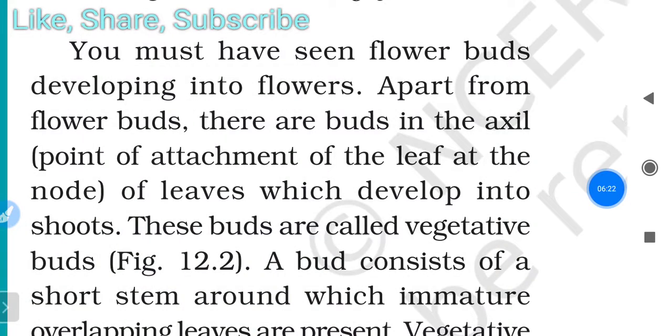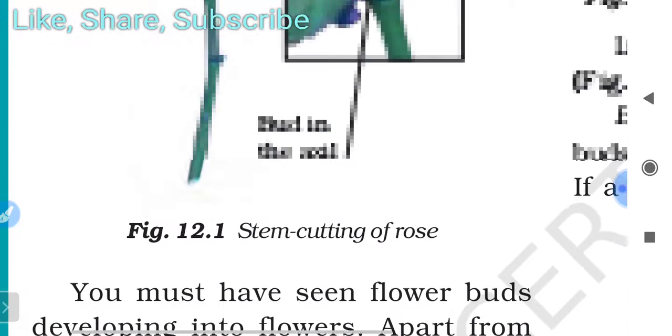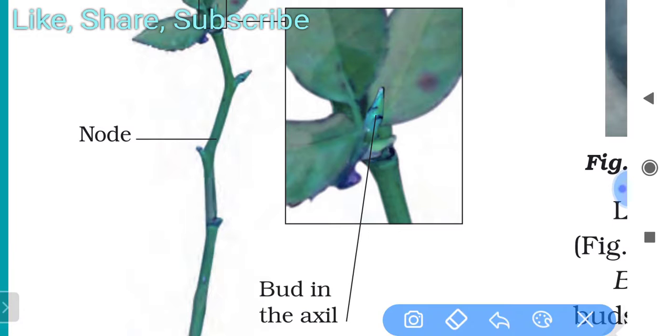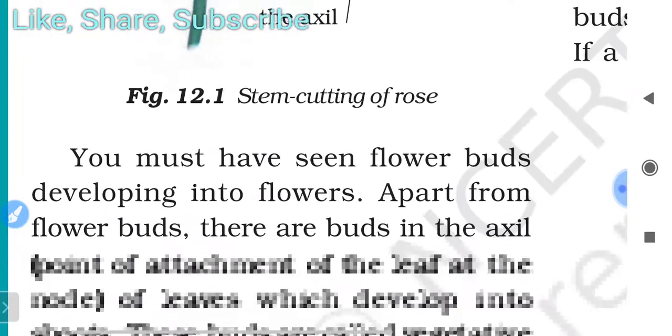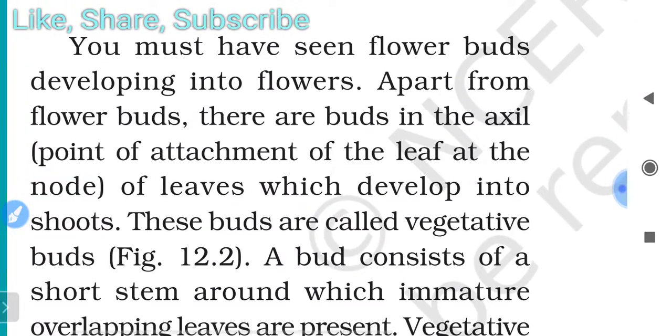You must have seen flower buds developing into flowers. Apart from flower buds, there are buds in the axil, at the point of attachment of the leaf at the node, which develop into shoots. If you see these structures, the axillary buds, they will develop into a new shoot or stem.